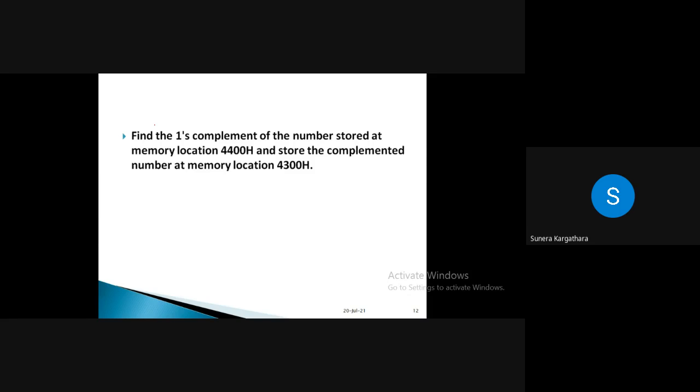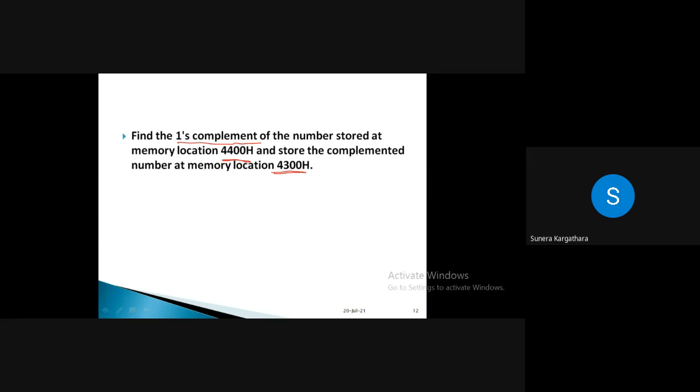Okay. Just try to write a program equivalent to this. You want to find the ones complement of the number which is stored at location 4400, and whatever the complemented result you find after performing ones complement, that you need to store onto location 4300. Am I communicating, student?